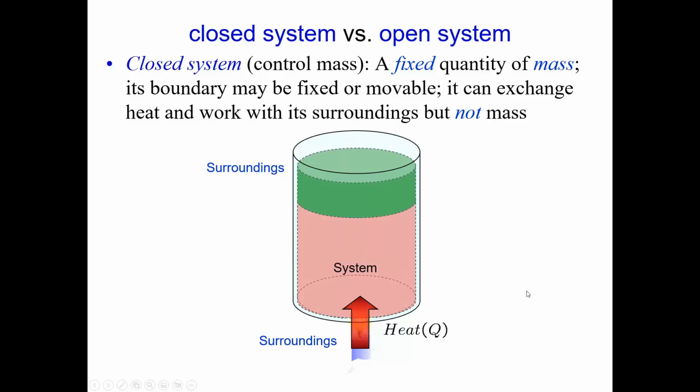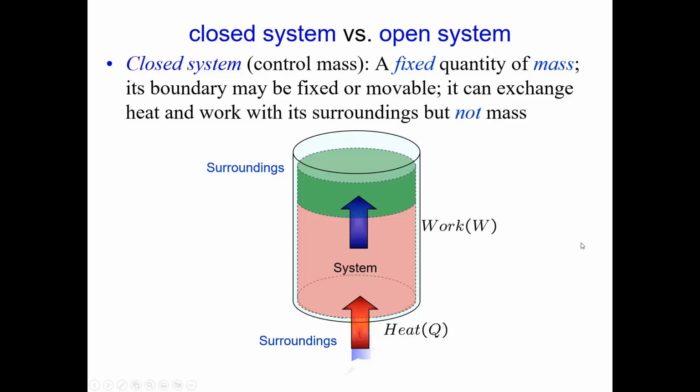In fact, heat continuously goes into the system from the surroundings. And at the same time, because the system expands and pushes the piston upward, the system in fact does work on its surroundings. So there is also work transfer between the system and its surroundings.